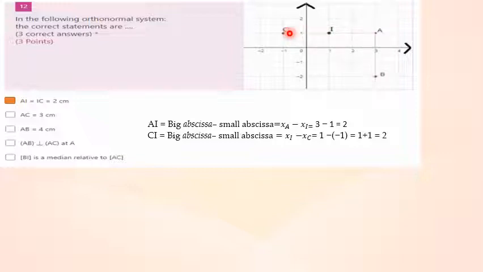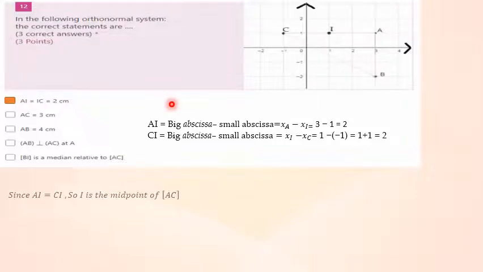Or by calculation, I can say it's big abscissa minus small abscissa. So 3 minus minus 1 is 3 plus 1, which is 4. So AC is not 3. What about AB? 1, 2, 3. AB equals 3 centimeter, not 4 centimeter. Or by calculation, I can say it's big ordinate minus small ordinate. So 1 minus minus 2 equal 1 plus 2 equal 3.